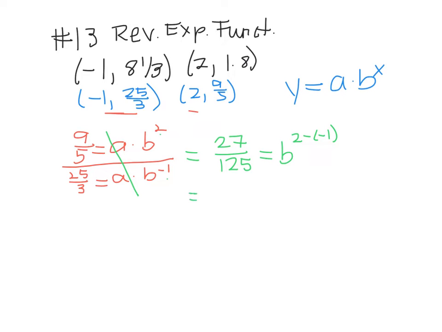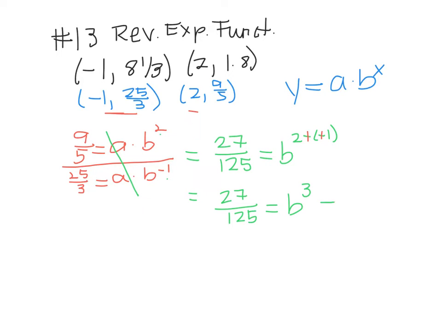So this is going to give me 27 divided by 125 equals b to the positive 3, b to the 3rd.